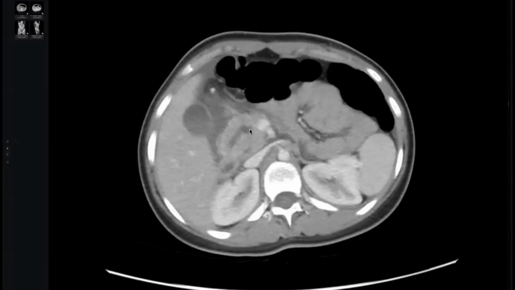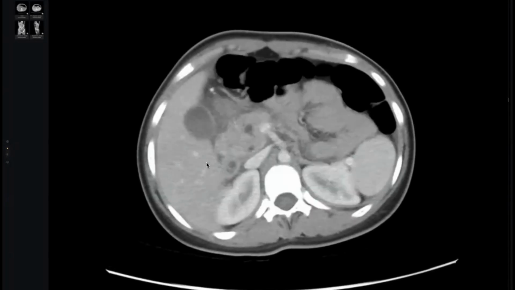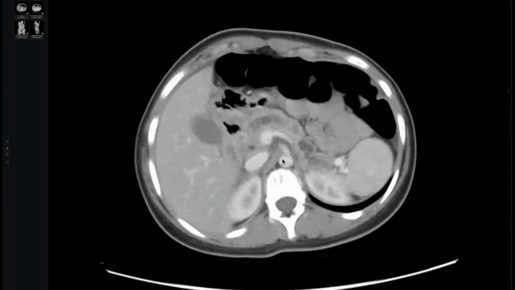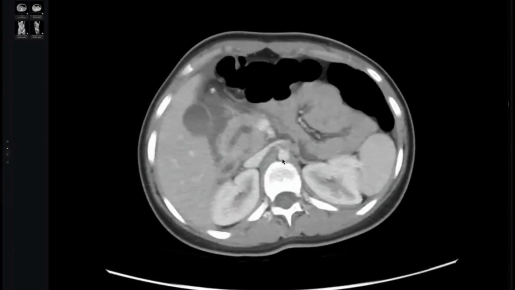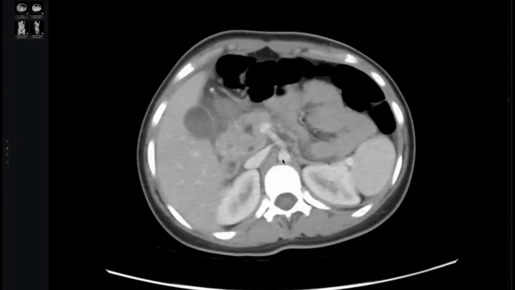This is a dilated duct. Where is it draining? Okay, so it is draining. This is the accessory duct. No, this is the minor duct which appears dilated, and the major duct at the major papilla appears normal.